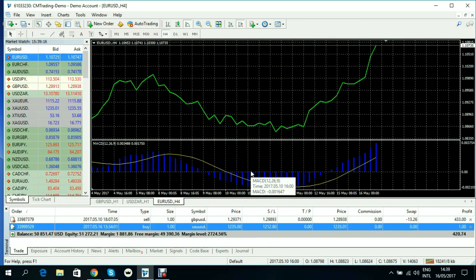MACD is also used for analyzing trend or price continuation. That is why you have to check with different time frames. And if, let's say, weekly, daily, and 1 hour all confirm to be above the zero zone, then it is likely to be a buy trend.